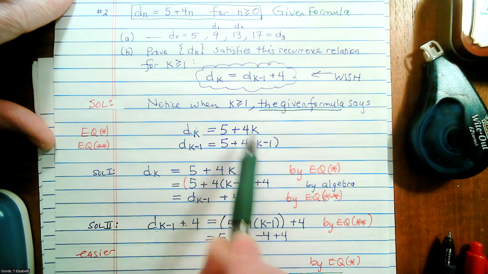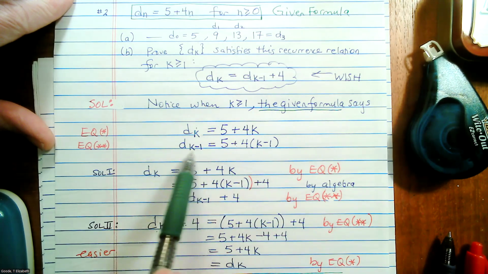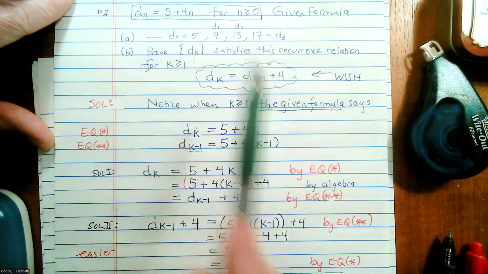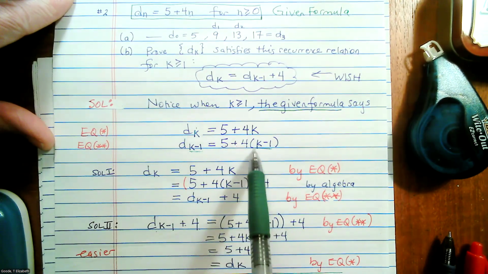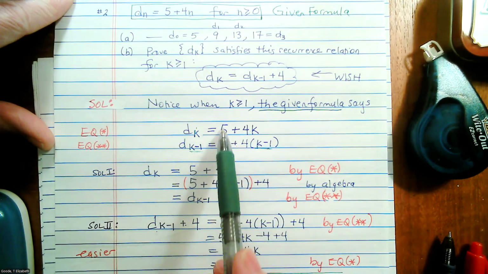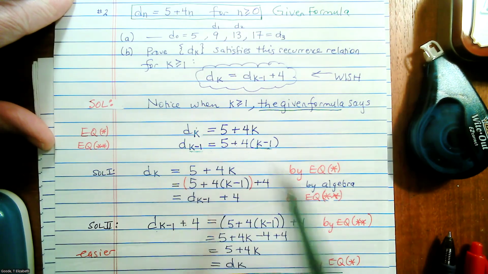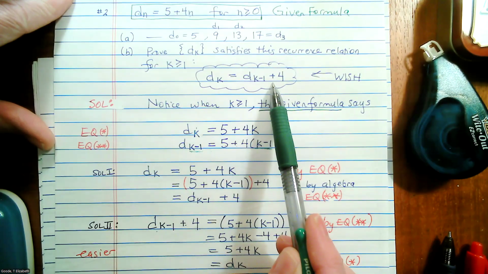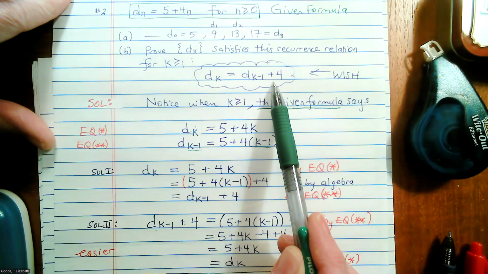The same formula tells us what d sub k minus 1 looks like. See here, the n is k minus 1. You just put in k minus 1 for the n here. So these two equations allow us to establish that this recurrence relation is really true.